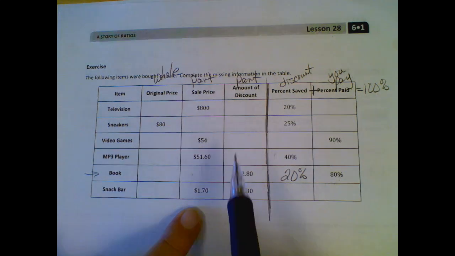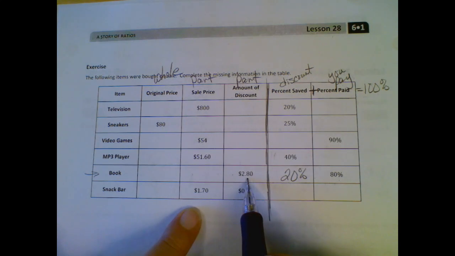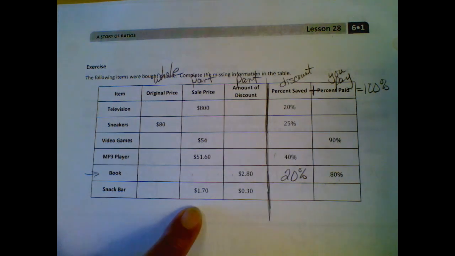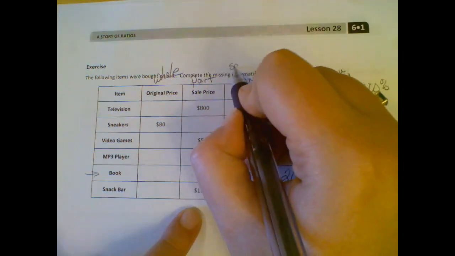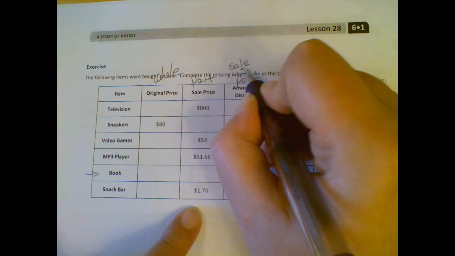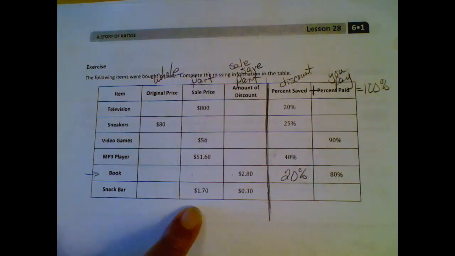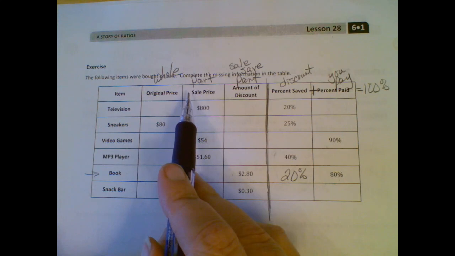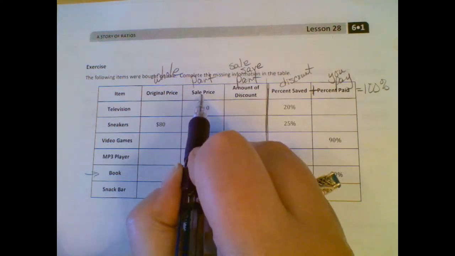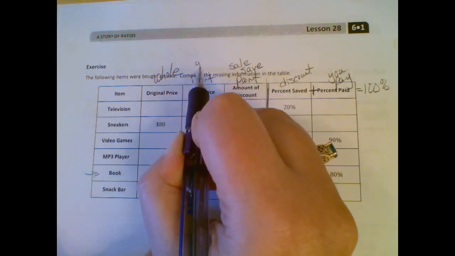So they give us the amount of discount. Remember, the amount of discount is what you save. And do you also remember from the other part, the sale price is what you pay.